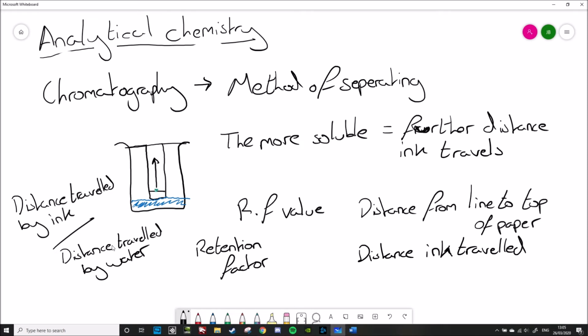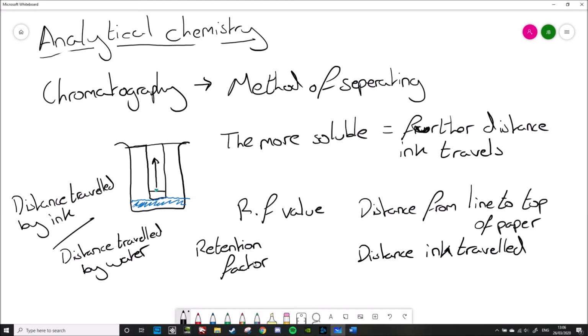For this example, in another example we could use solute and solution. We could put substance and solvent. There's multiple different ones that we can use. So distance travelled by ink, distance travelled by water.